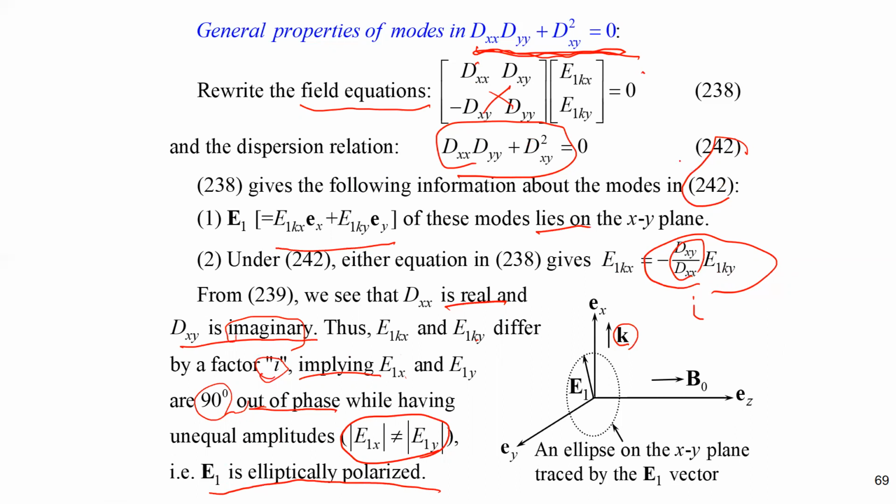But this time E1x and E1y have unequal amplitudes. Therefore, they form elliptical polarization.